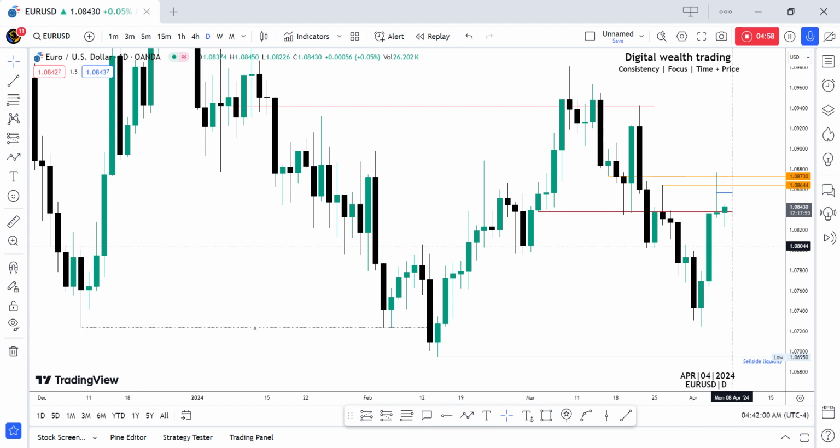I will be pleased if Euro respects the consequent encroachment of Thursday's candle wick and does not trade above it, as we are looking forward to a lower price delivery and expecting that area to remain tapped but not traded above.